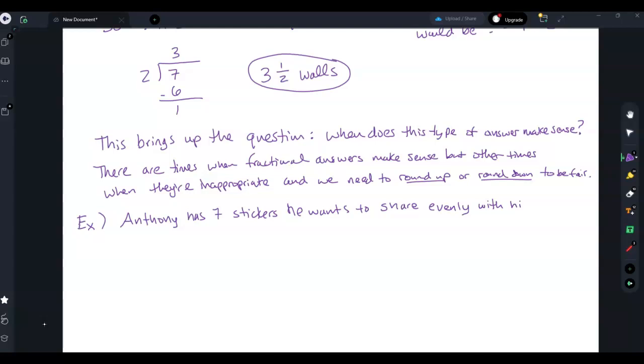Let's say he wants to share evenly with his brother. And so sometimes it makes sense from the context, but honestly, it makes the most sense what type of answer we're wanting based on how you ask it. So I would ask, how many stickers will each boy get?